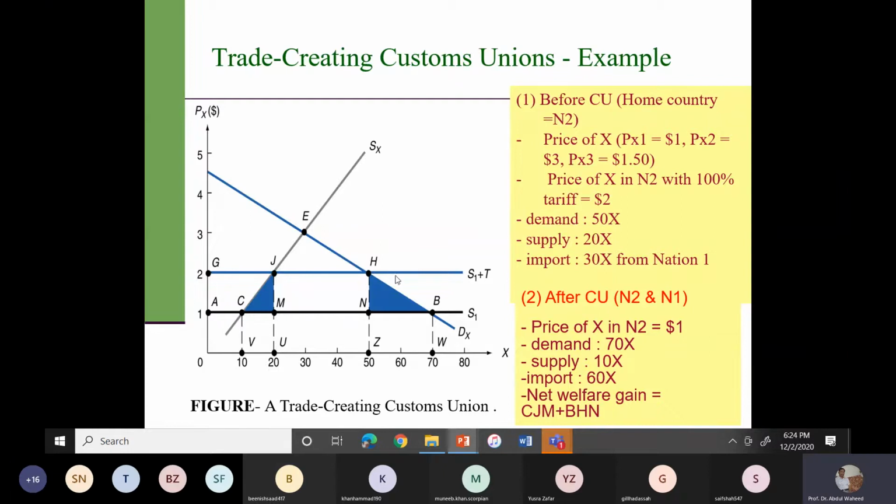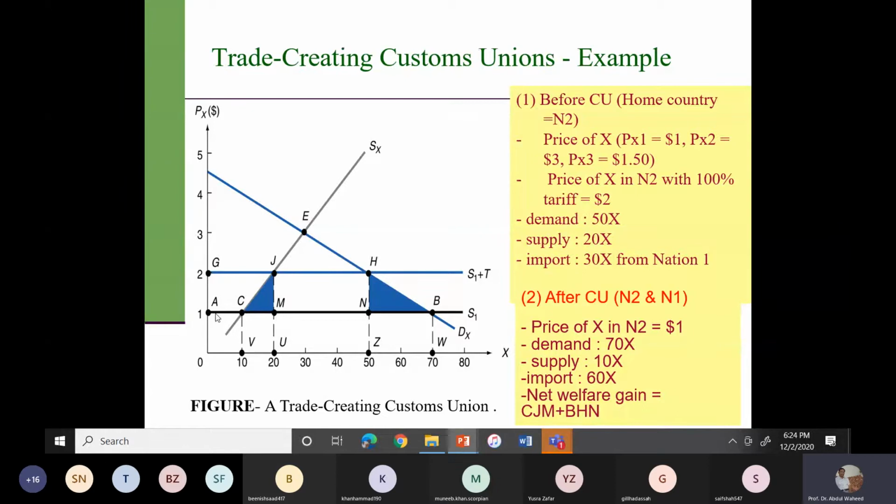When we remove it, the price will again be $1. So after formation of the customs union of nation 2 with nation 1, the price of X in nation 2 would be $1, because now you have removed the tariff.